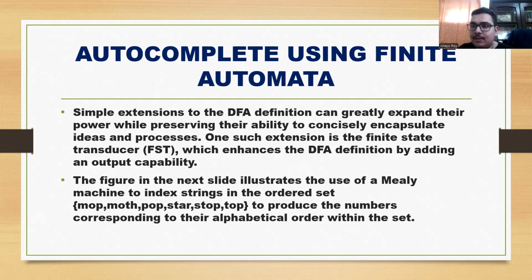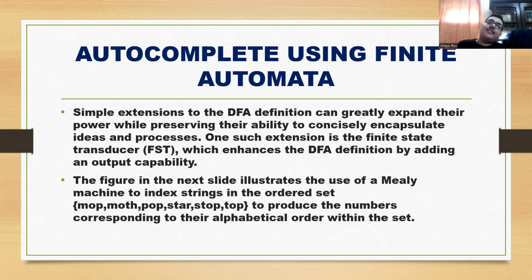This is auto-completion. So now let's try to understand how finite automatas can be used to come up with such autocomplete sequences. So a simple extension to the DFA, that is the deterministic finite automata definition, can greatly expand their power while in the meantime it also preserves the ability to encapsulate ideas and processes.